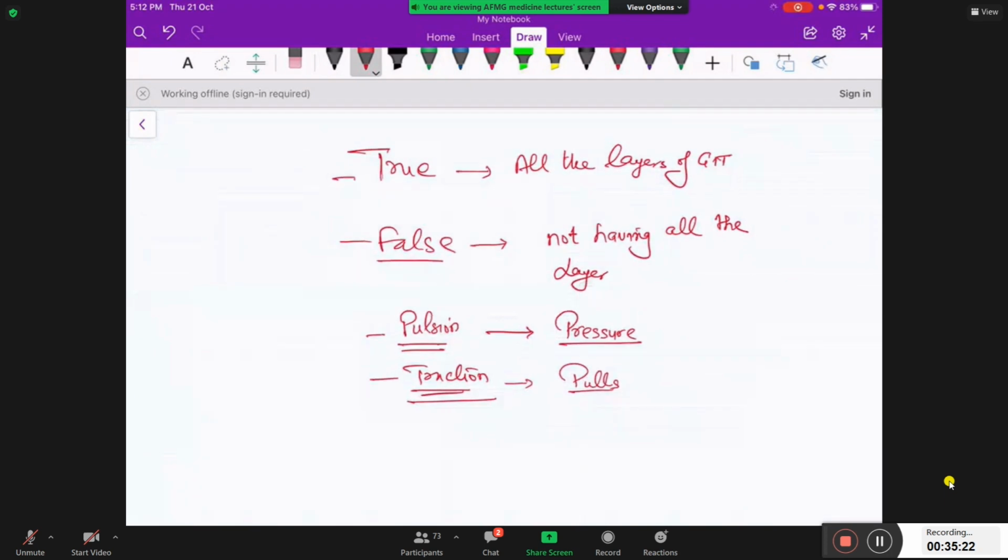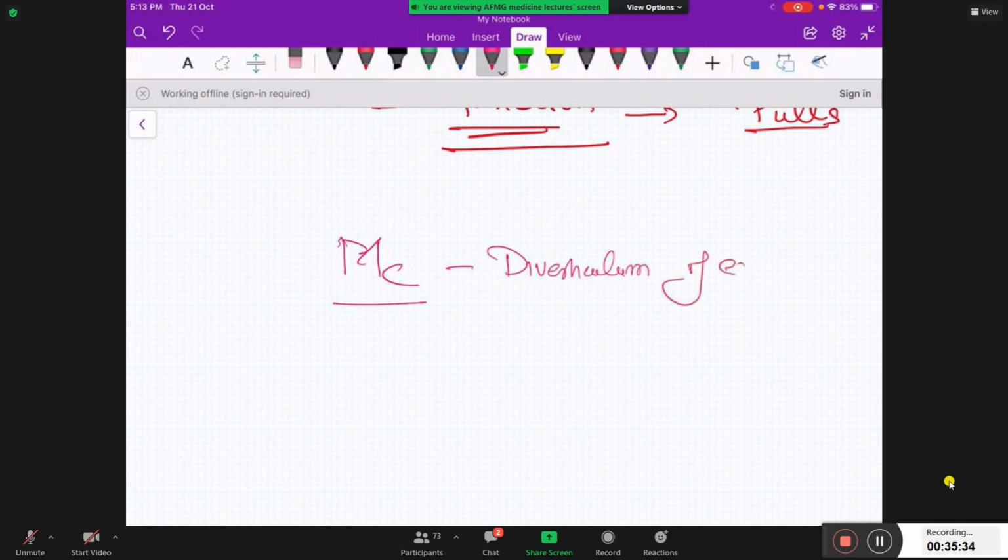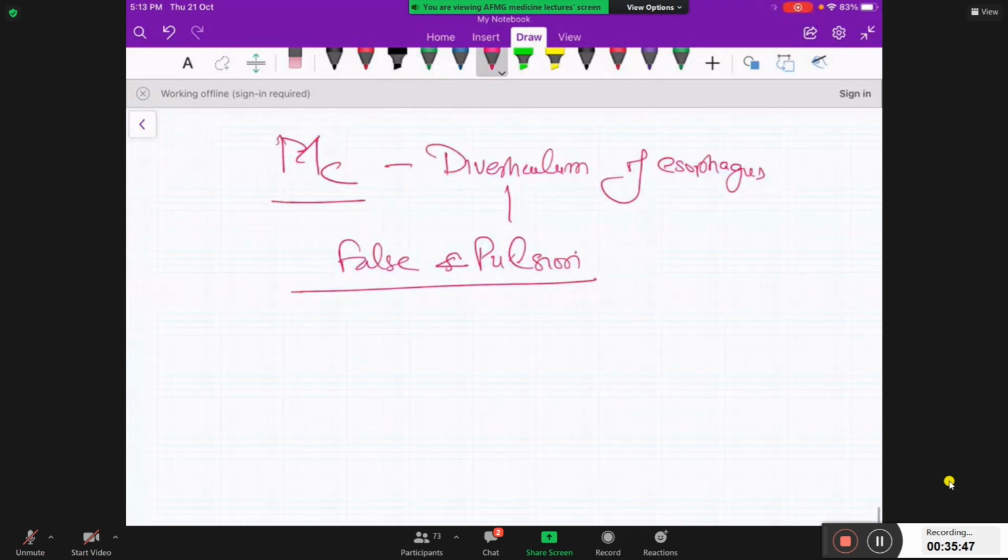And Zenker's diverticulum is the most common diverticulum of esophagus, and it is false and pulsion type.